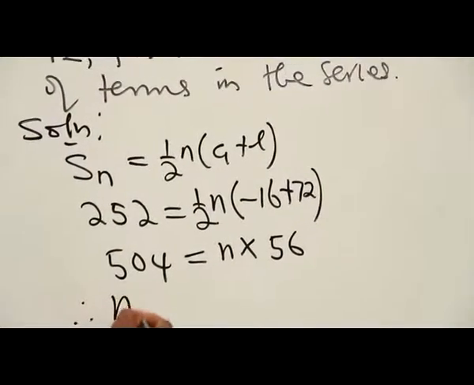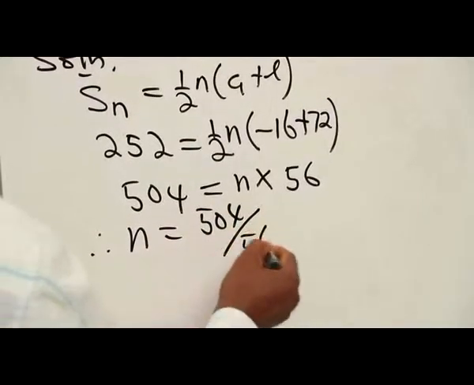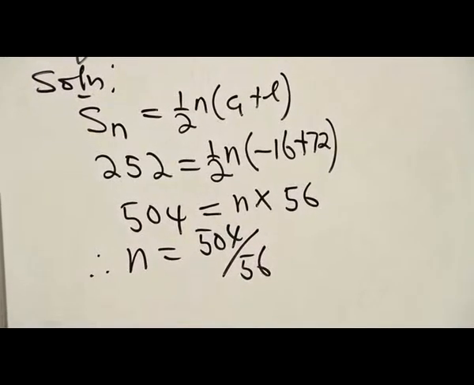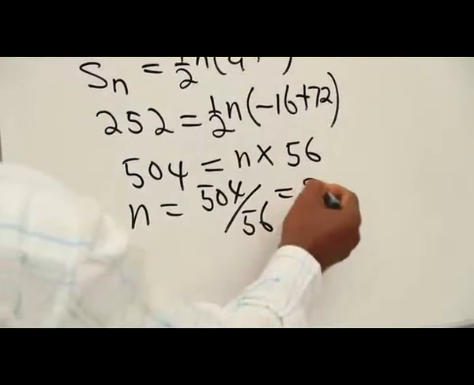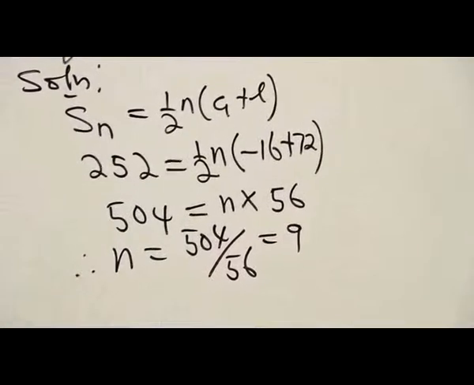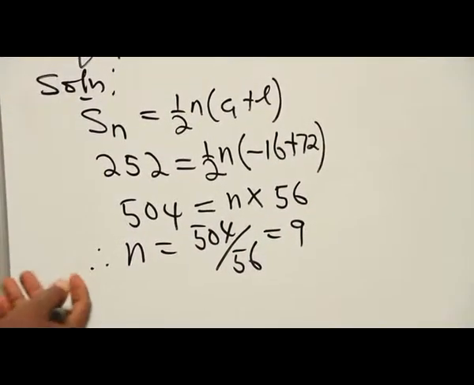Therefore, our n is equal to 504 all over 56. So find the value of 504 over 56. That will give you 9. Therefore, the number of terms you are looking for is equal to 9.